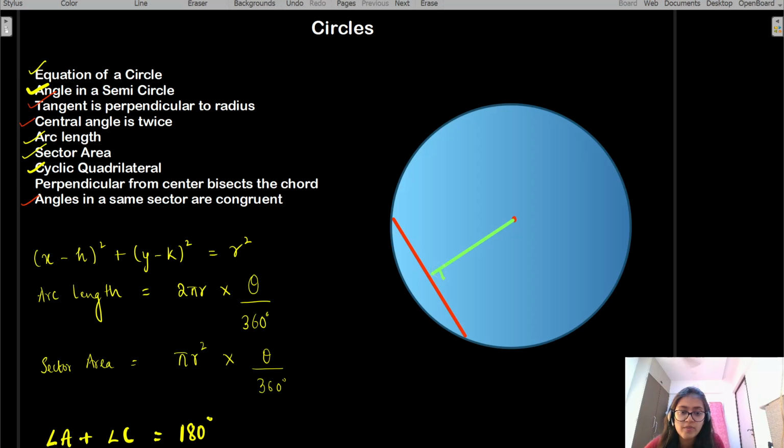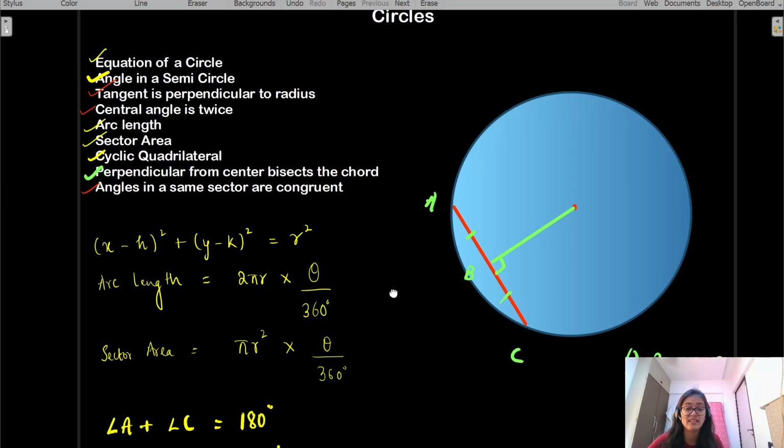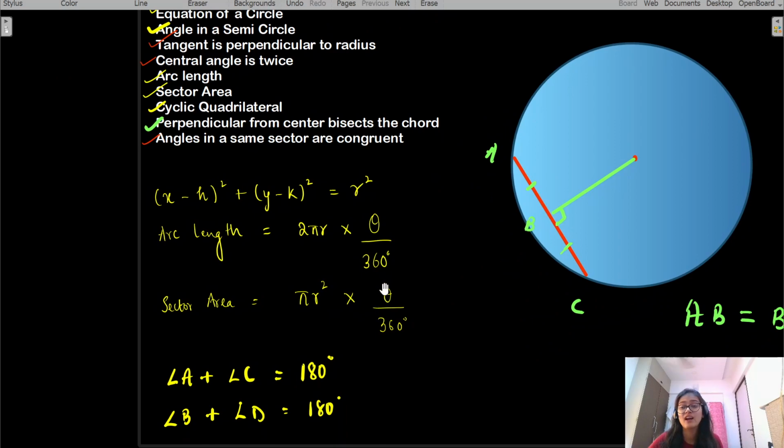This theorem says that this perpendicular will bisect the chord. So this length is going to be the same as this length. If this point is A, this point is B, and this point is C, then AB is the same as BC.